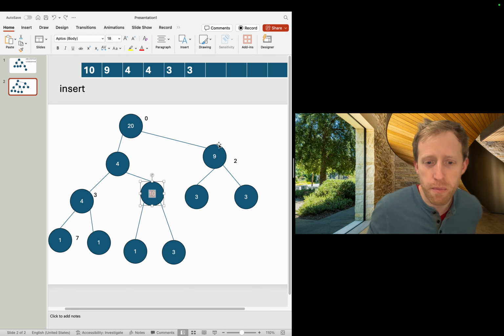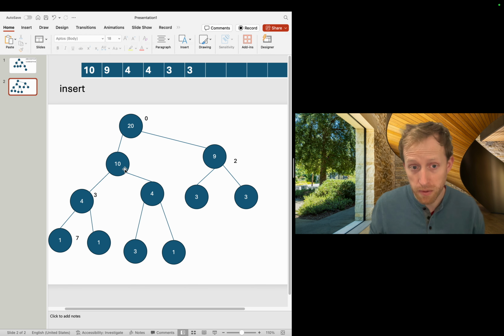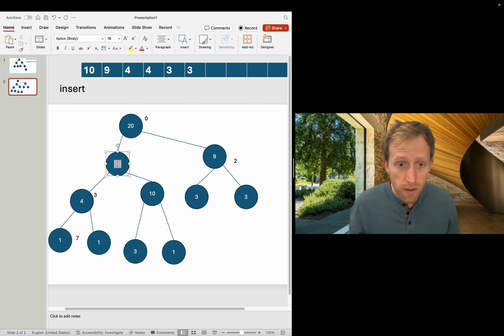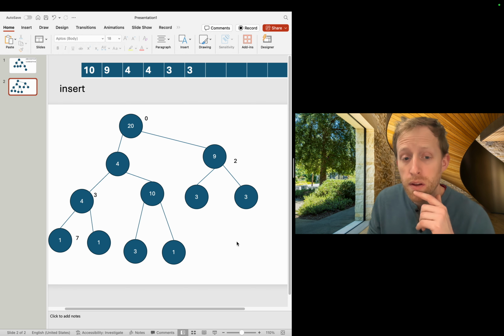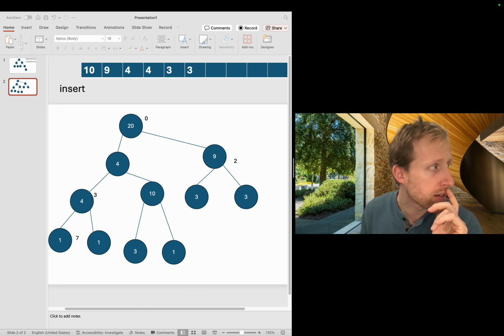However, let me go back here and flip the order of this 3 and this 1. Oops, and this was a 4. Because this is also a perfectly valid heap. So I can switch the 10 and the 4. Now, what do I need to do in this case?